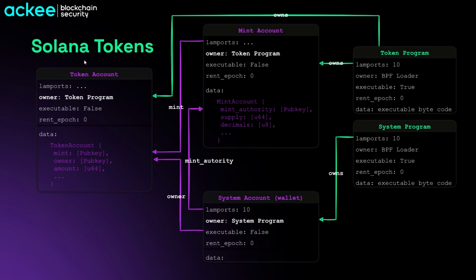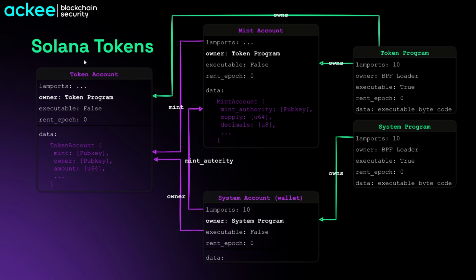You can have a look at this great picture I used probably in the previous bonus lecture, and I still think it's really great and relevant, because on the right hand side we can see the token program and system program. System program is basically a native program on Solana. Token program is from the SPL, the Solana Program Library.